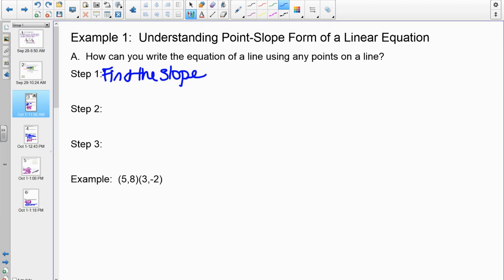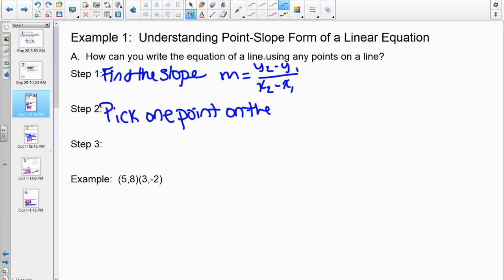So remember, you're going to use m equals y2 minus y1 over x2 minus x1. And then you're going to pick one of the points that's on the line.